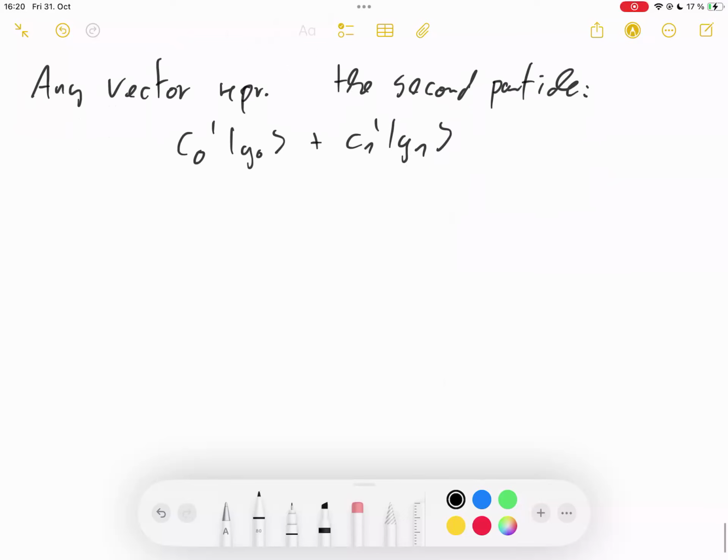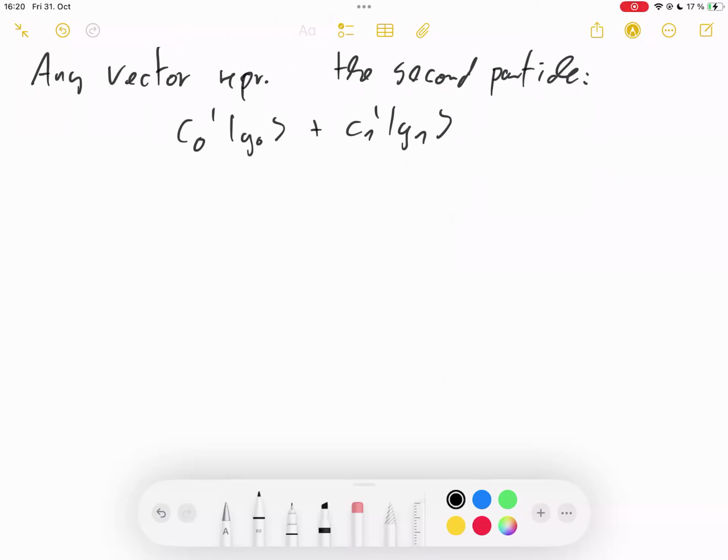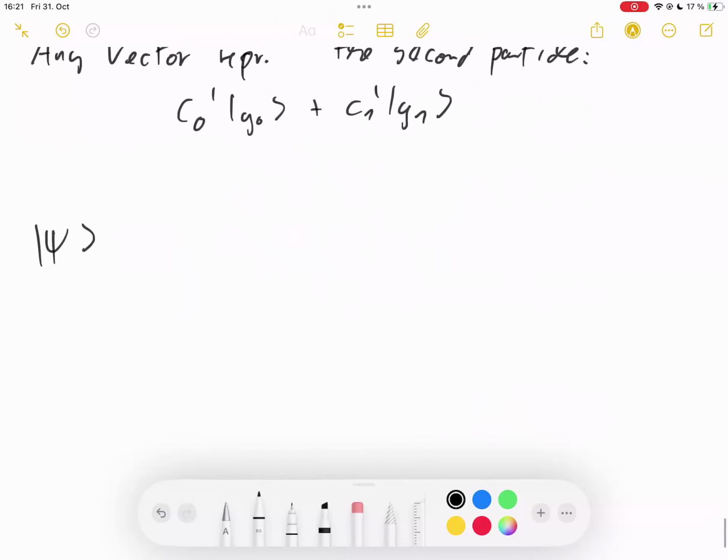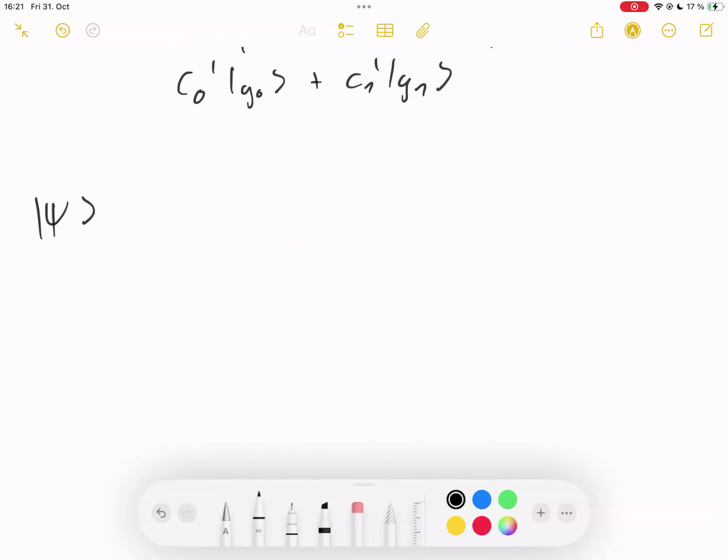And now I just want to aggregate this. Now, we could think about describing our psi ket, the one from up here, through the tensor product of the two subsystems. And if that was possible, we would have the following situation, which you will see.